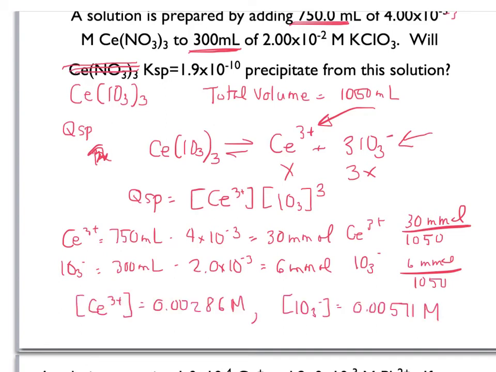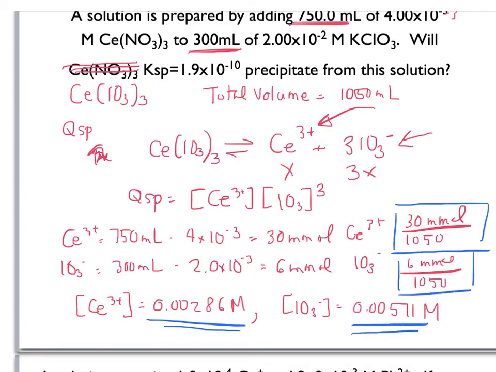I calculated what would happen if I took 30 divided by 1,050, and so I got 0.00286. So that's my molarity of my cerium. I did the same thing here, and I calculated my molarity of the iodate. So now I'm going to take these two numbers and plug them into this formula right here to calculate my QSP.